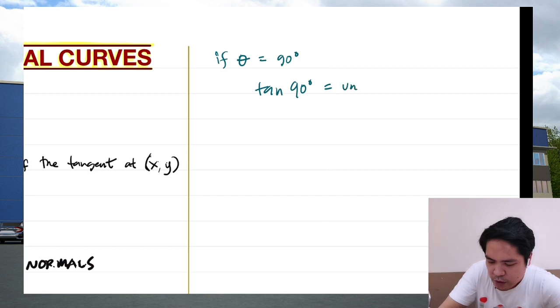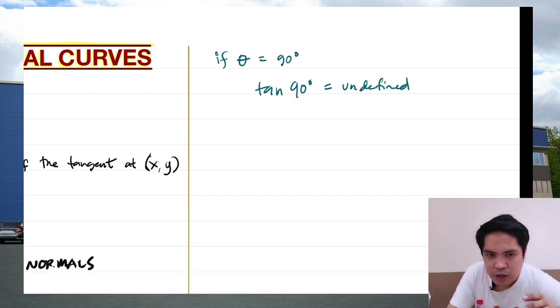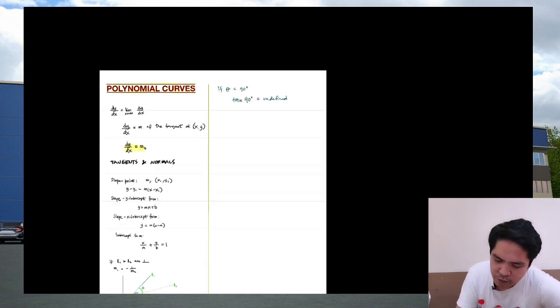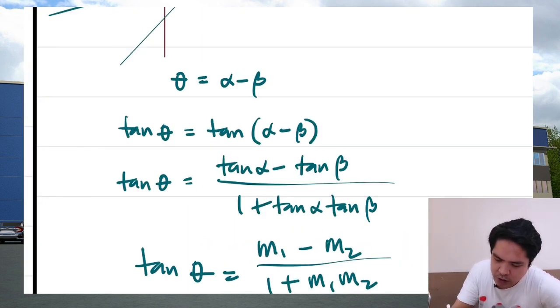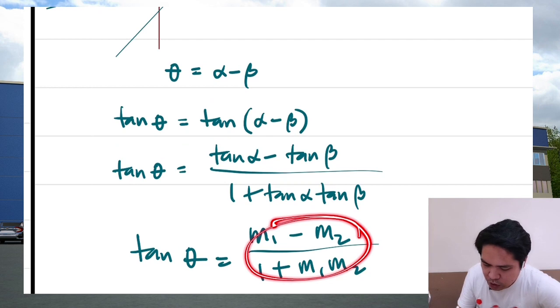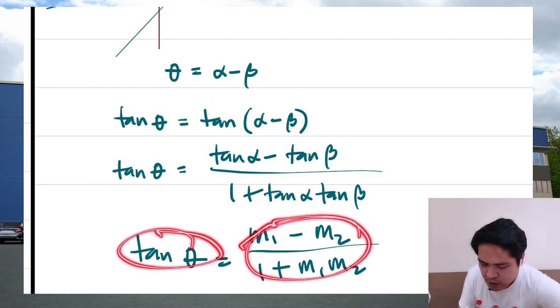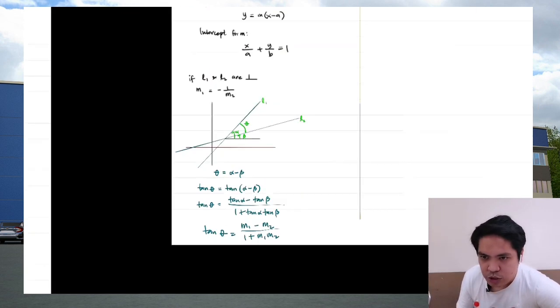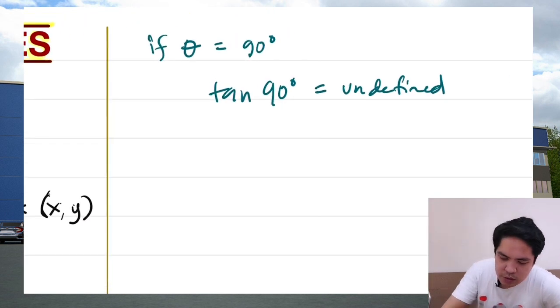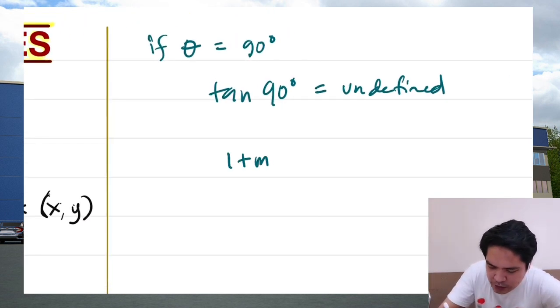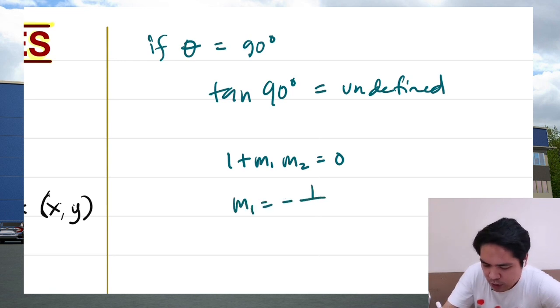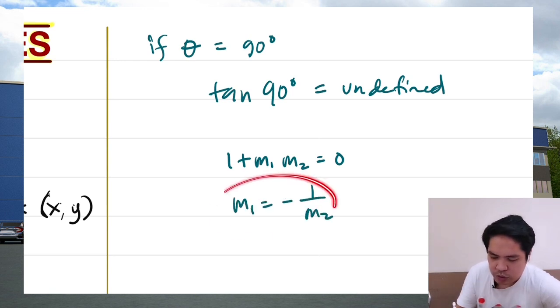So an undefined value is a value that you divide by 0. So for this value to be undefined, the denominator should be 0. Okay? So therefore, 1 plus m1 m2 is equal to 0. So therefore, m1 is equal to negative 1 over m2. So doon natin nakuha yung negative reciprocal.